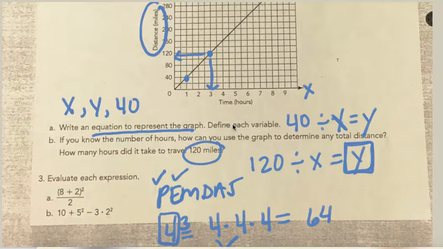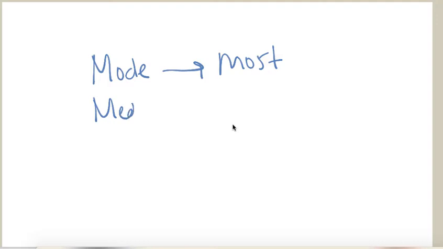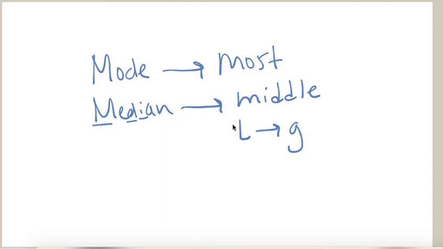So in review, let's review one more time. The mode is the number that we're going to see repeated the most, or the most frequent. If I see the median, it's the number that we see in the middle. But we have to remember the golden rule by putting them in order from least to greatest. You have to put them in order.